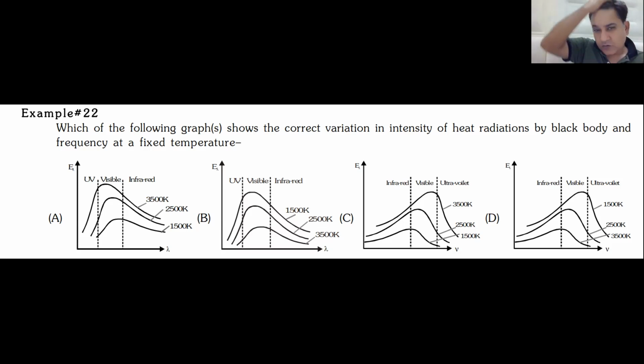So at what frequency will the radiation be more? Basically you have to understand whose frequency is more, whose wavelength is more, and then you will get the answer. Yes or no? Yeah, I'll try.